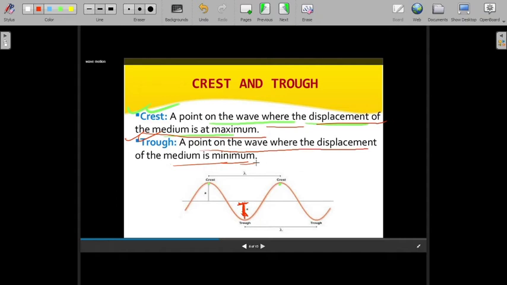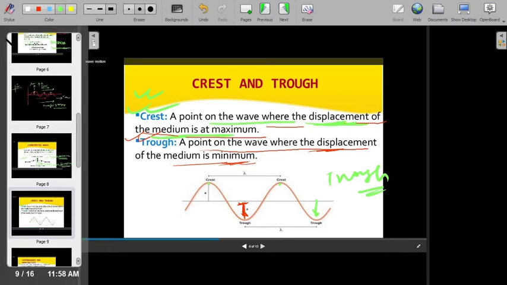So when there is the minimum displacement, that is the trough, and the crest is the maximum displacement of the medium. Okay, so let's move on to the next slide.